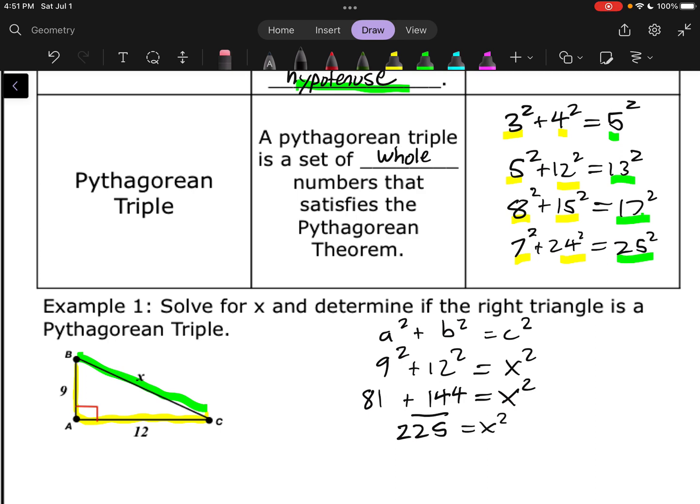And then let's take the square root of both sides to figure out what x is. That is a perfect square. That is going to be 15.